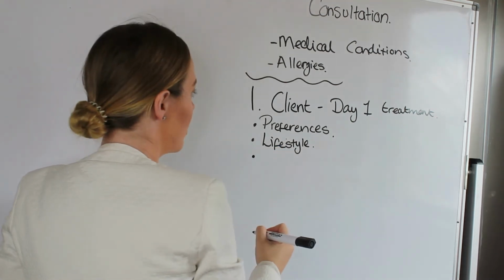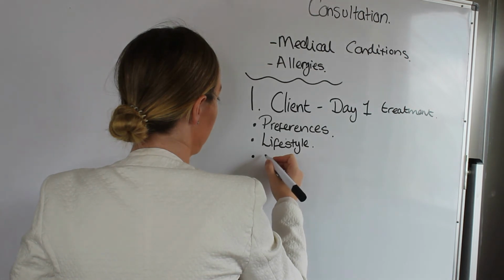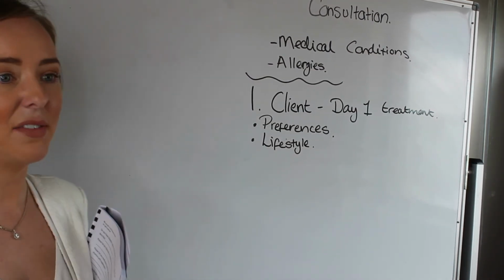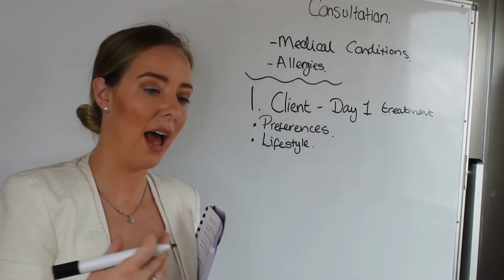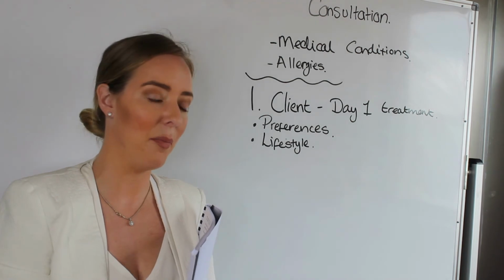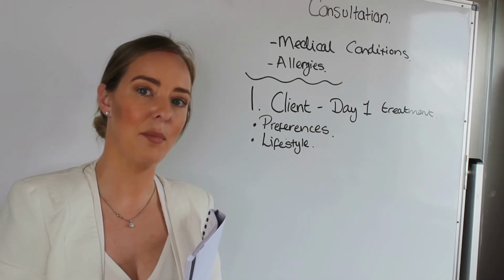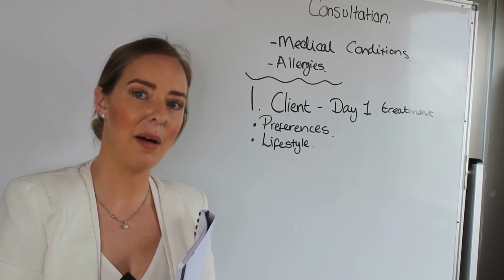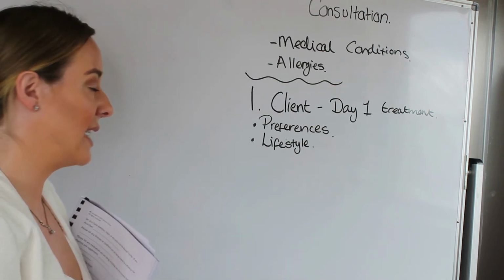These are probably your main two, your preferences and lifestyle. So if you're talking about skin, or massage, or brow shaping, ask her what she prefers, give her some different examples, and really just go into detail about the treatment, and discuss lifestyle on that day one.